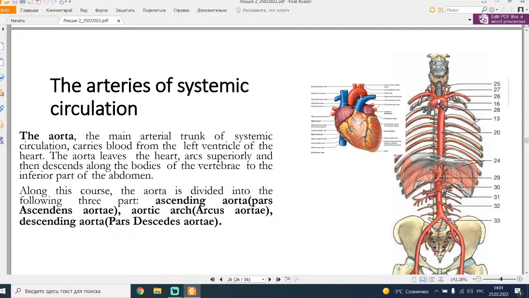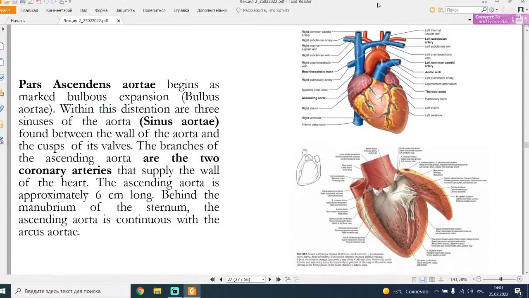ascending aorta, pars ascendens aortae; aortic arch, arcus aortae; descending aorta, pars descendens aortae. The pars ascendens aortae begins as a marked expansion, the bulbus aortae.